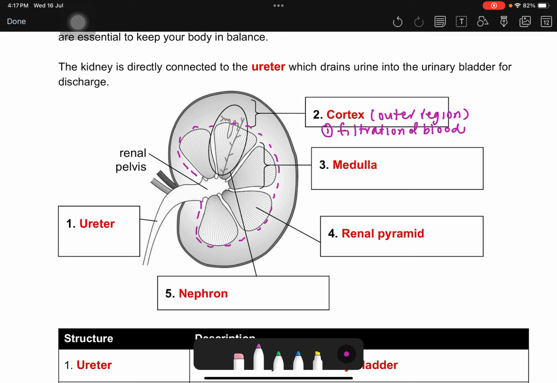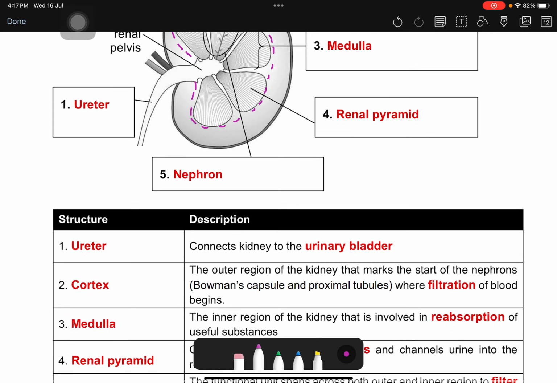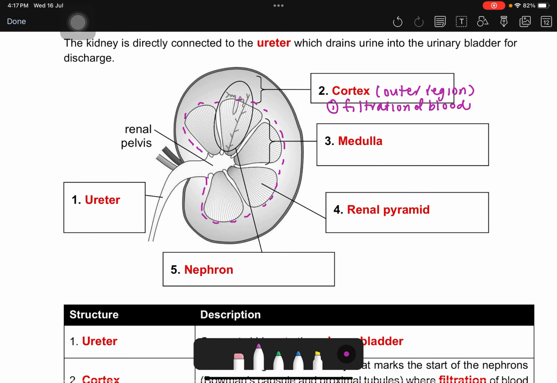So in the outer region where the cortex is, mainly filtration of blood takes place, and two very specific structures of the nephron, which I will go in depth, can be found there. All right, let me come back to that in a bit. All right, next is the medulla.